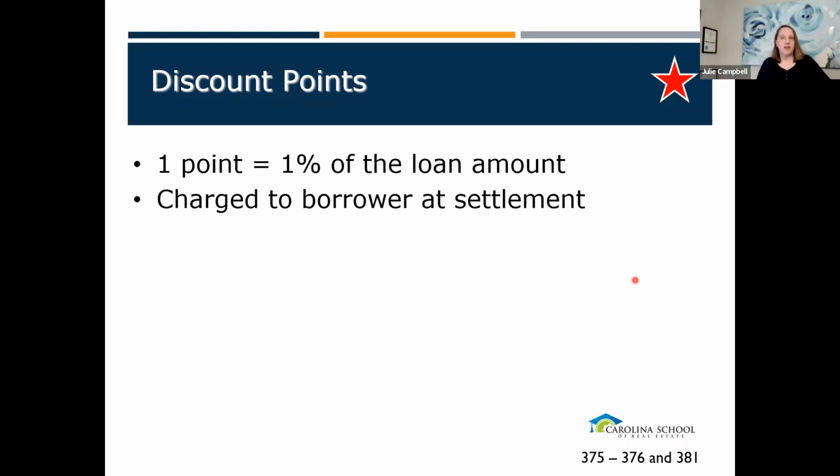They're bringing 1% of the loan. If they're buying two discount points, they're buying 2% of the loan. Three discount points is equal to 3% of the loan. Kind of see how this works? The number of discount points equals the percentage of the loan.